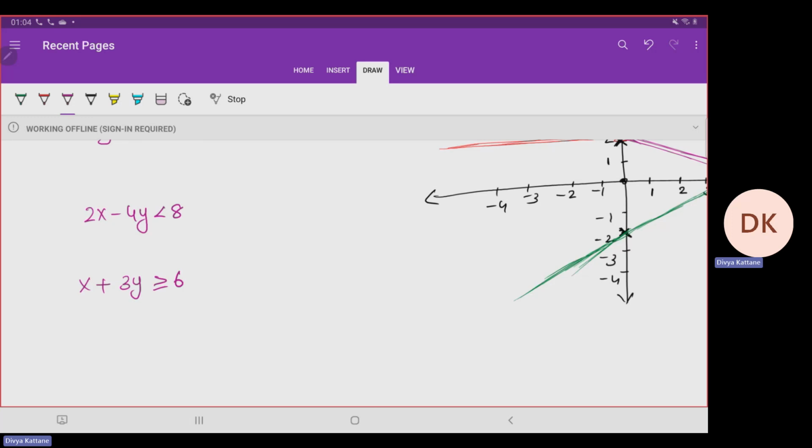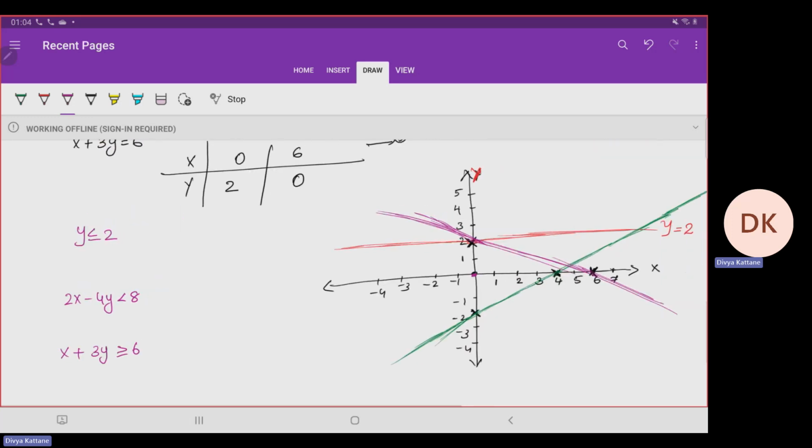Now we are checking whether the origin, this point (0, 0), will lie inside or outside. So do the origin test.